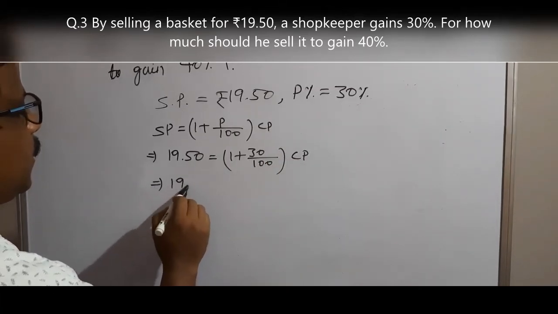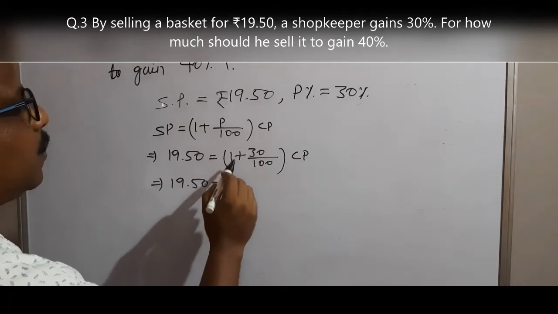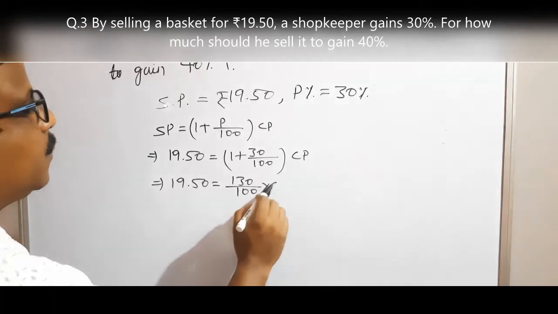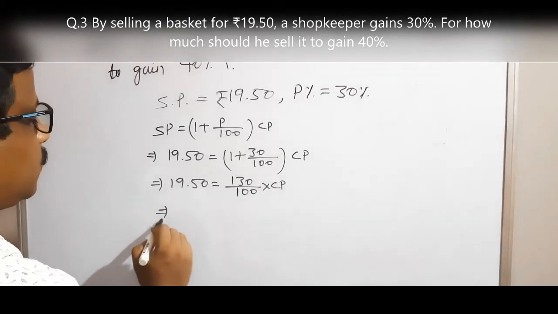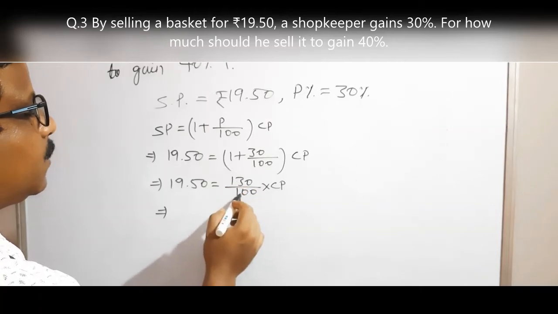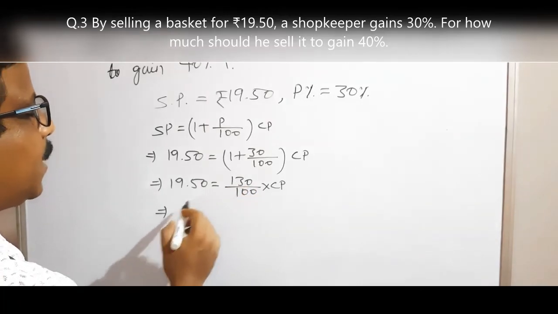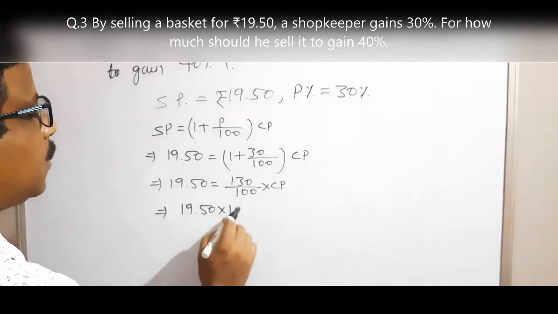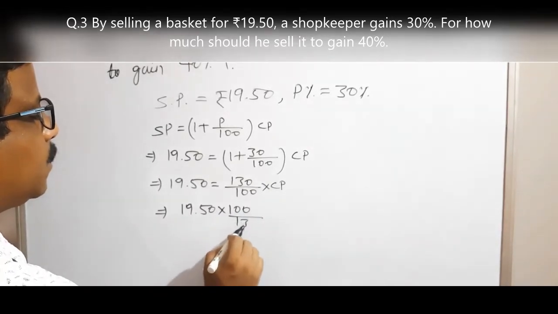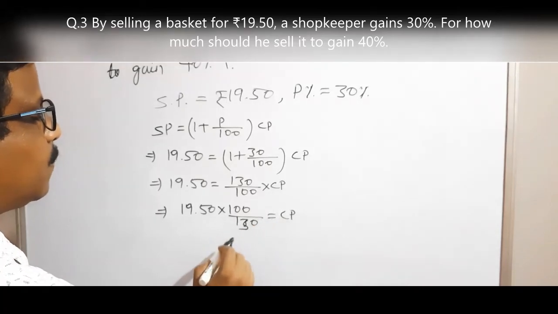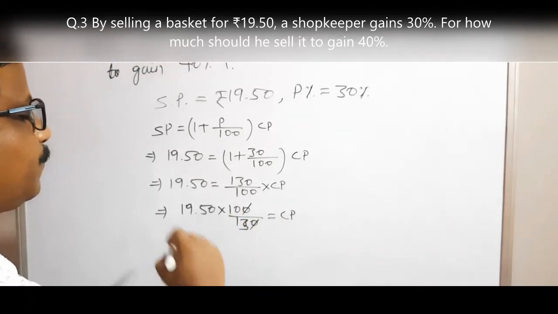So 19.50, it will be 130 by 100 into CP. So CP will keep this side and this 130 by 100 will bring this side and divide. So it becomes 19.50 into 100 by 130 is equal to CP. So 0, 0 cancel.